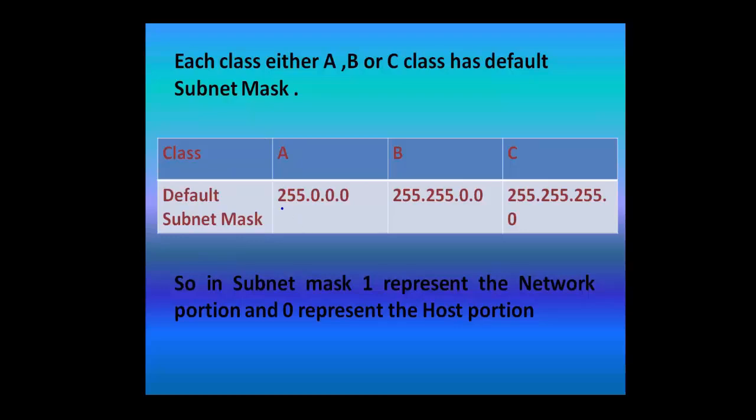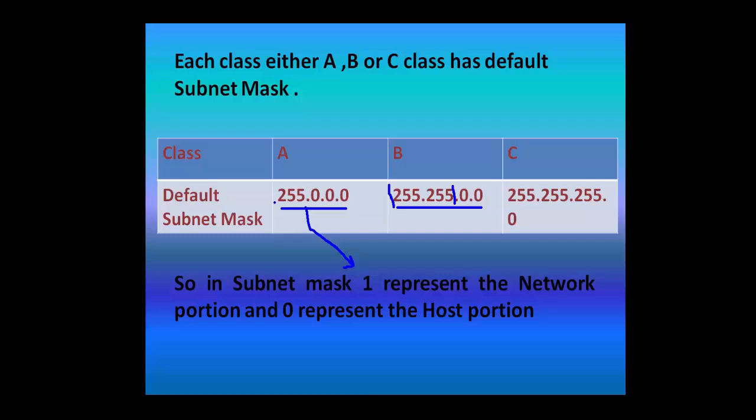For A class, the default subnet mask is 255.0.0.0. B class, the first 2 octets belong to 255, means all ones. If you convert it into binary, I'm saying again and again, everything is 1 or 0, the binary number system.